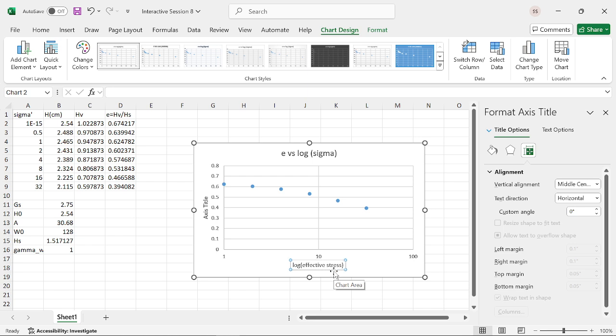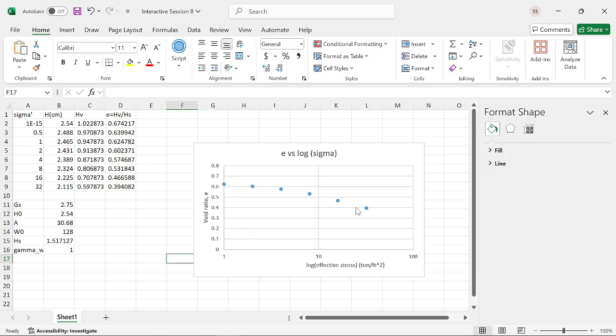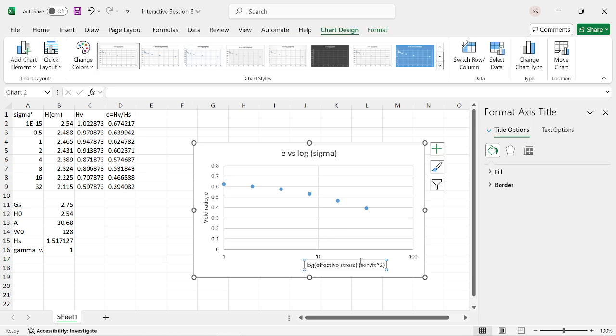This is in ton per feet square, and here we will have void ratio e. Now we can add a trend line.